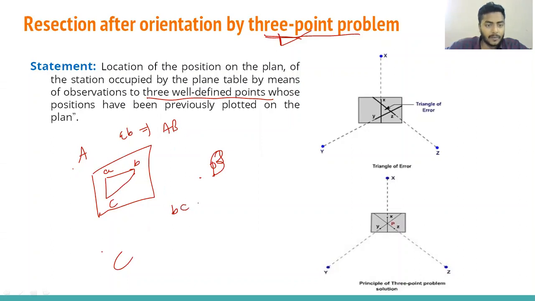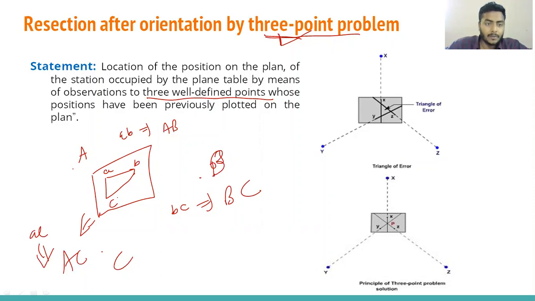Similarly, the bc distance on the drawing represents the BC distance in the field, and the ac distance on the drawing sheet represents the AC distance in the field.